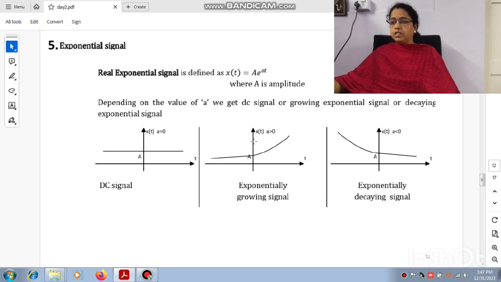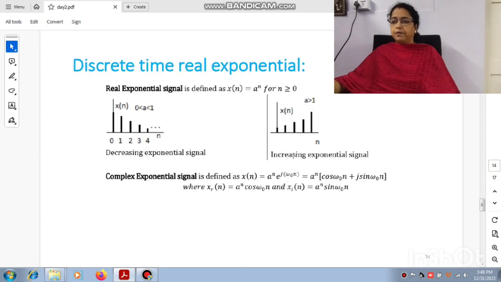If a is a positive value, that means it is a growing exponential signal. And if e power small a is a negative value, then it is a decaying exponential signal. So these are the 5 different basic or elementary signals. Using the concept of these signals, any other signal can be easily constructed.